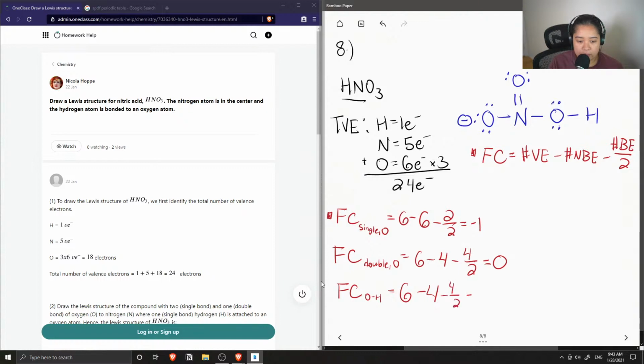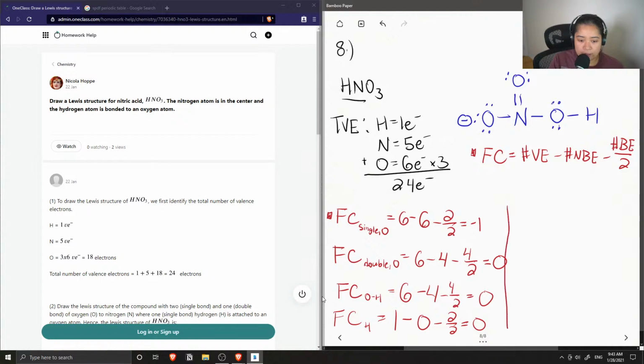So like the double bonded oxygen, it also has a formal charge of 0. And if I were to do the same thing for the hydrogen, which has 1 valence electron, no non-bonding electrons, and 2/2 bonded electrons, it's also 0.